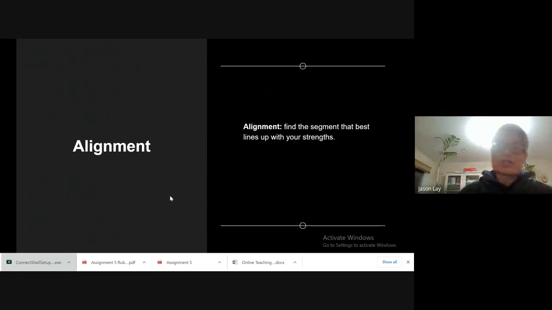Now, the alignment issue. The alignment is finding the segment that best lines up with your strengths. So think about what are the strengths of Google, for example, and what is the segment. We talked about the market segment earlier in marketing. There are different ways to do it.